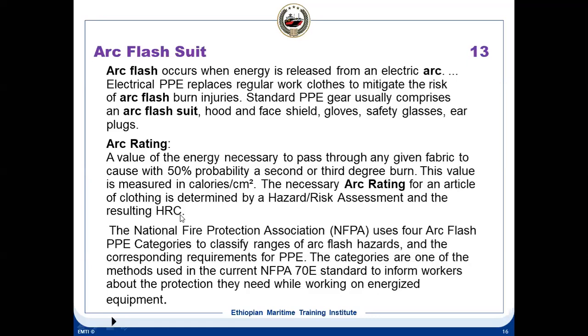Okay. Now here, the National Fire Protection Association uses 4 arc flash PPE categories to classify the range of arc flash hazards and the corresponding requirements of the PPE. So what type of PPE you should use is based on the hazard and risk assessment and the resulting HRC.